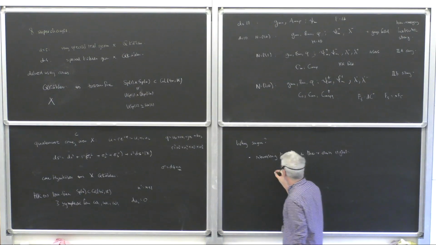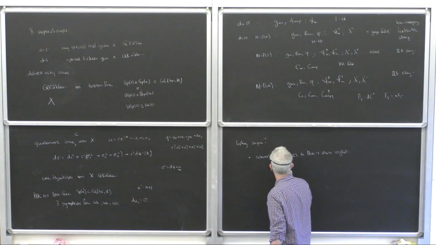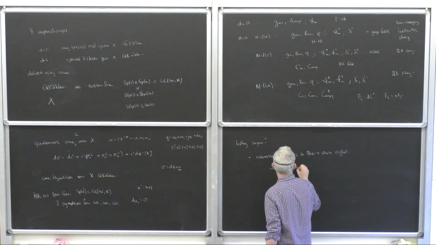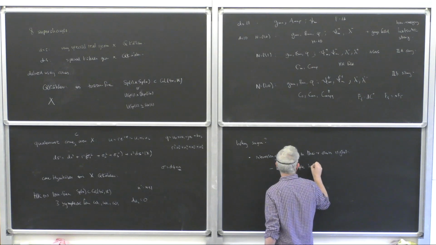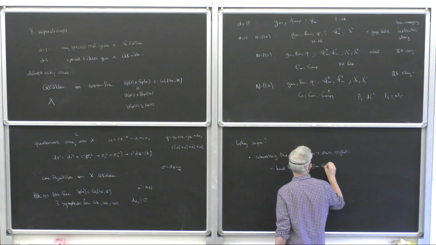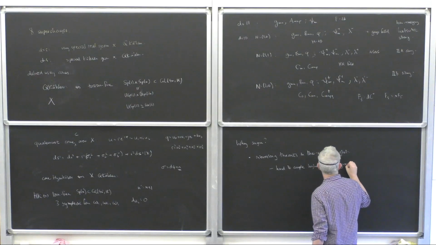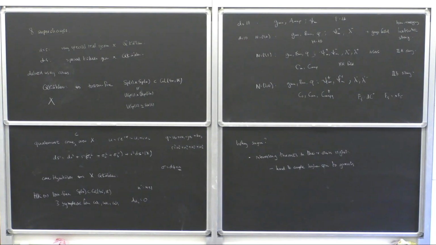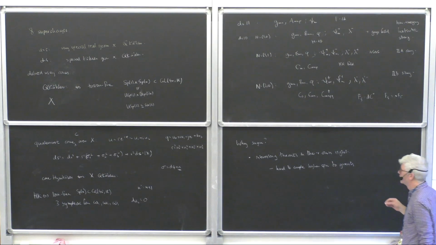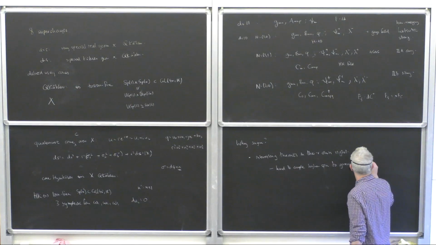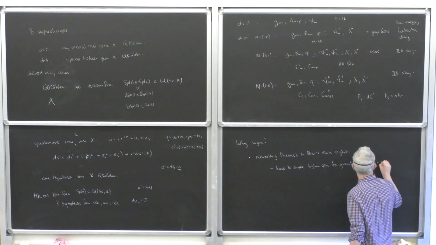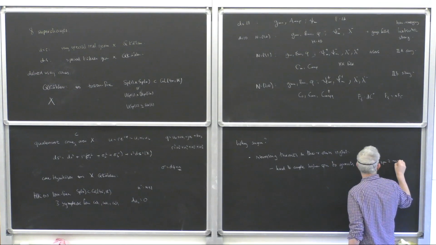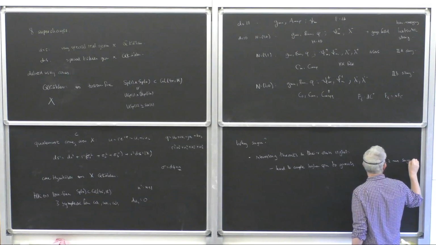In particular, it's hard to couple higher spin to gravity. So even if you just asked yourself, I have a spin 3/2 particle and I want to somehow couple it to gravity, you're going to be forced into supersymmetry. So spin 3/2 plus spin 2 kind of forces you into supergravity.